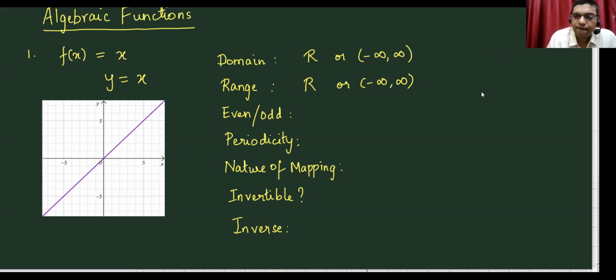It's symmetric in the opposite quadrants. So it is odd. Yes, f of minus x is minus x, which is minus of f of x. So it is an odd function.